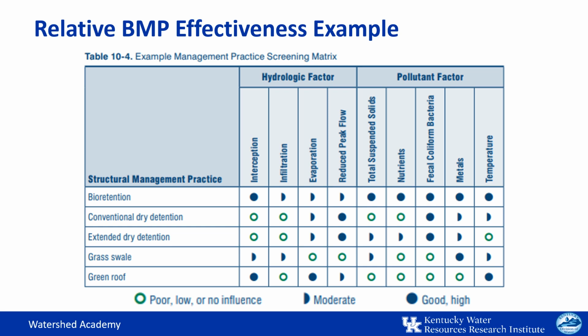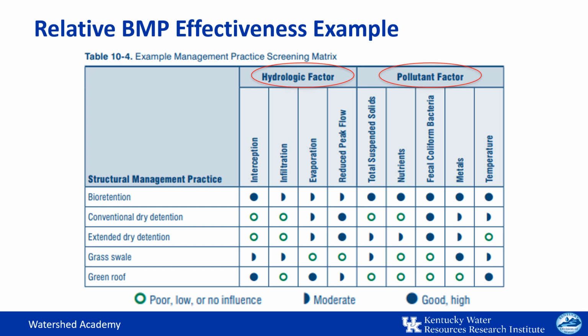This excerpt from a table in the EPA's Handbook for Developing Watershed Plans shows how a community can compare urban structural stormwater BMPs. Both hydrologic and pollutant removal effectiveness are rated from poor to moderate to high. This allows users to also consider the multiple benefits of each practice.